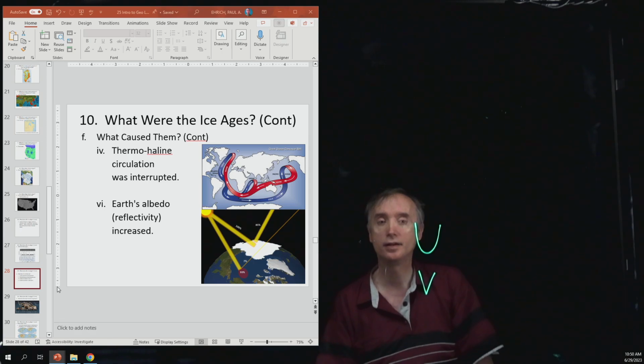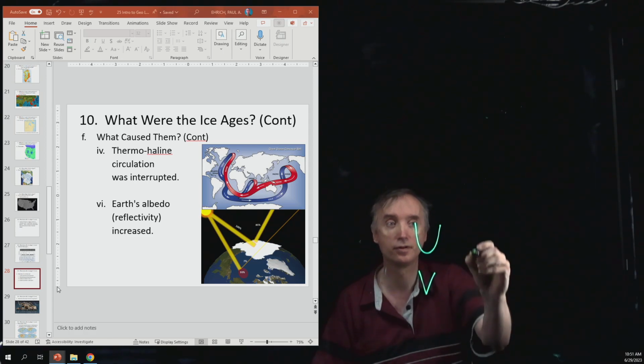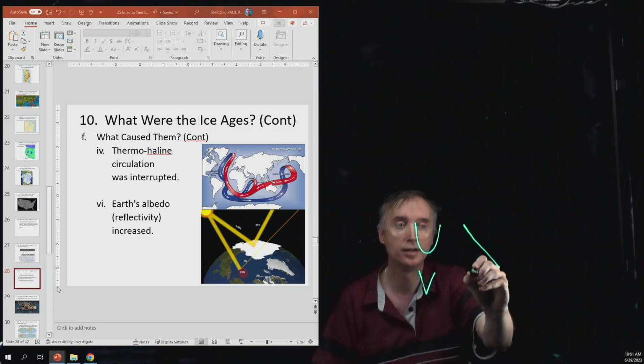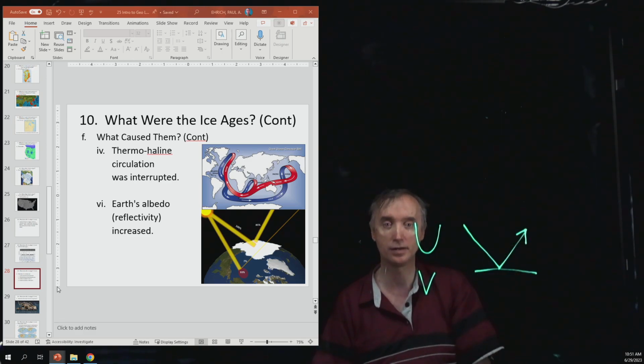Okay, the next thing is global deep ocean currents. If that is interrupted, that could trigger an ice age. Another thing is Earth's albedo. So that ice acts like a mirror. When sunlight comes down, if you have ice, that's going to reflect it back into outer space.